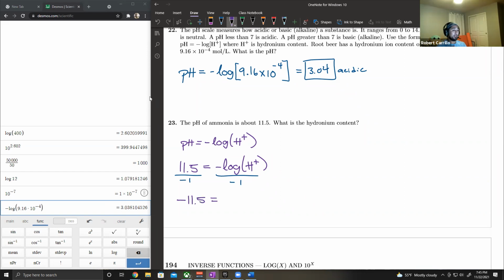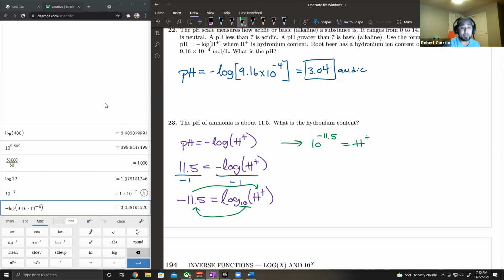Since this is the common log, I'm going to rewrite it as log base 10 of H. Now we will convert from log to exponential. So base 10 raised to the negative 11.5 is equal to whatever is inside the parentheses, so equal to our hydronium.